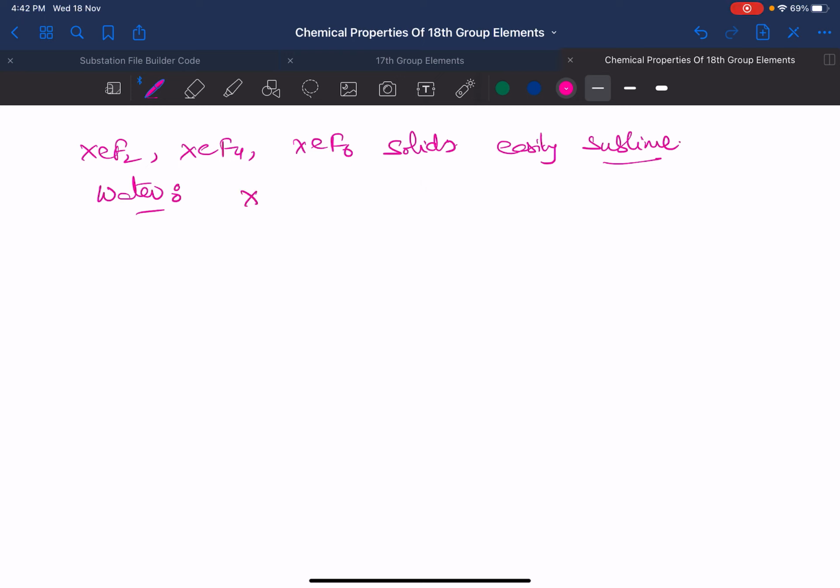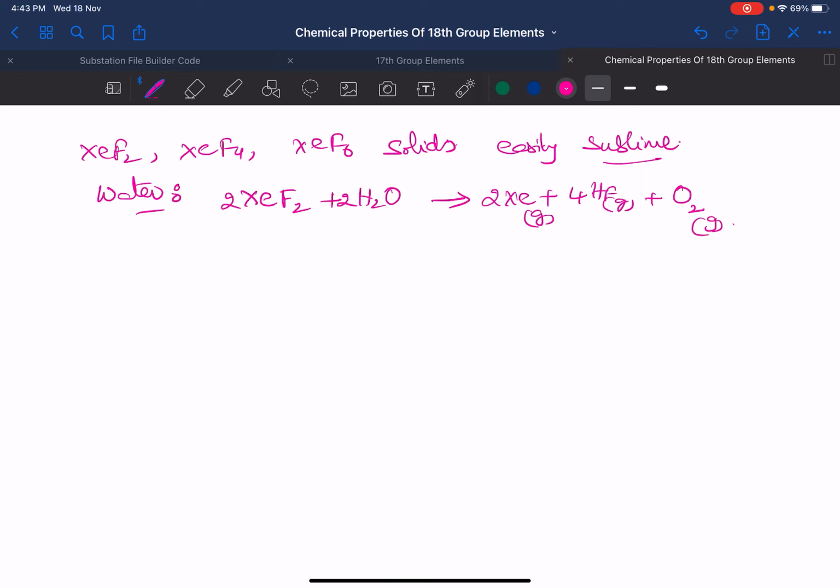First of all, we will go for XeF2. XeF2 plus H2O gives rise to 2Xe plus 4HF, plus O2. HF is a gas, xenon is also a gas, and oxygen too is also a gas.